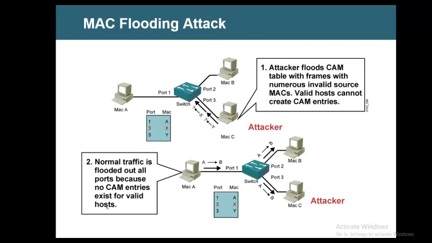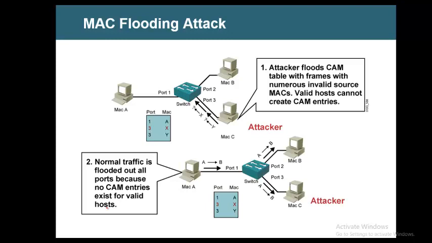Here what we see is a MAC flooding attack. You see, every switch has got a limit of buffer. Every switch will have a space where the MAC addresses can be stored, which will decide the forwarding decision, filtering decision, which we learned in the beginning days.